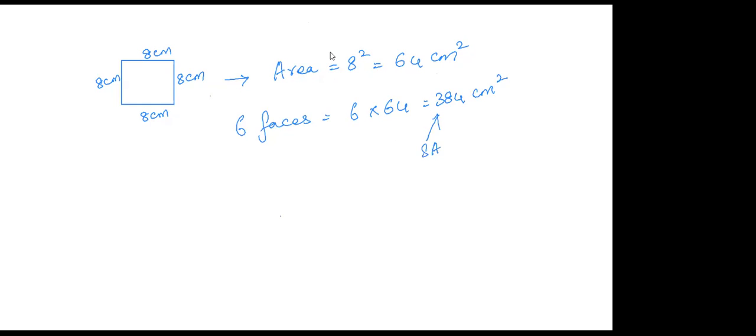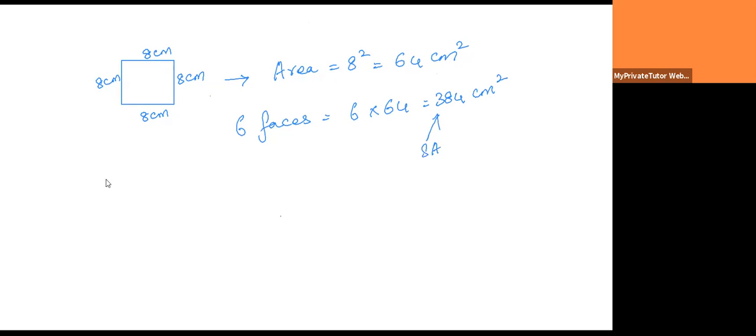The good thing in 3D shapes is you can use the formula if you are able to remember it. The surface area formula is 6 into side square. I'm just writing side as a. So this is the formula: 6a square. If you don't know the formula, don't worry.